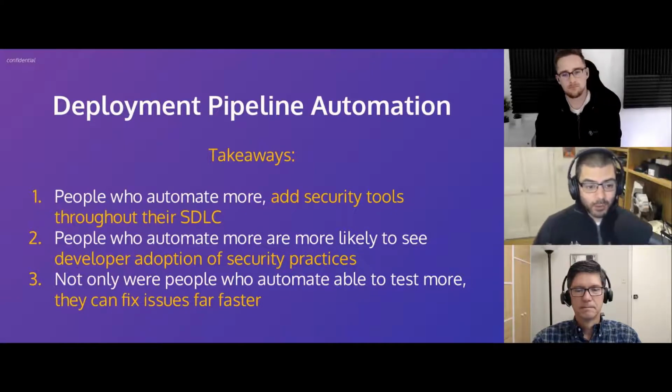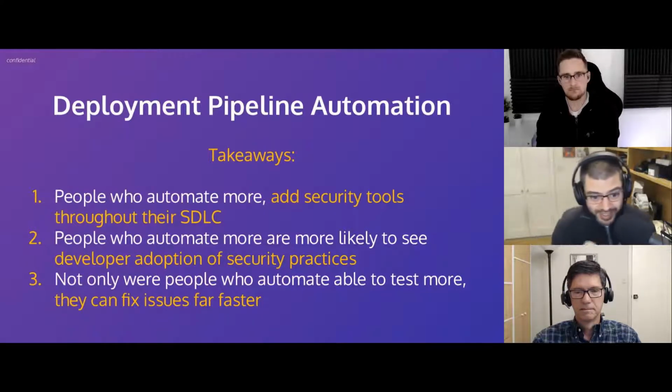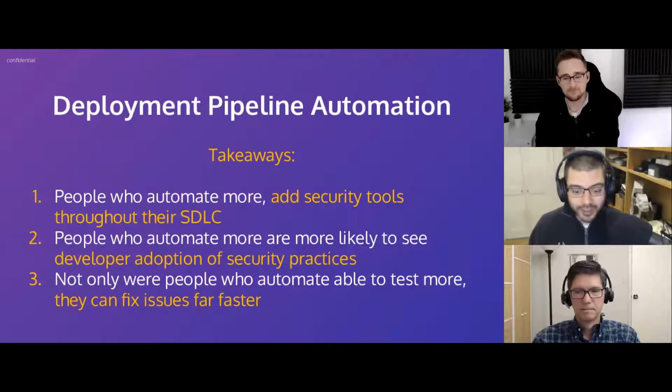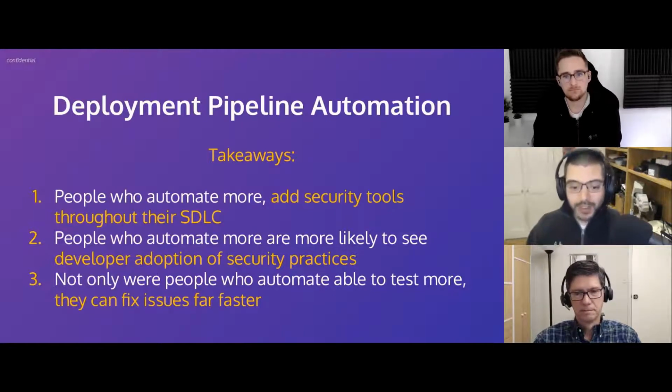So we can see here some really strong takeaways that people who are more automated had more security tools, more security processes throughout the SDLC, not even at just any one point. But more interestingly, this was actually earlier in the developer phase of that. And of course, the biggest takeaway that we wanted is not just the visibility, while that is super important, but fixing, actually actionably taking steps to mitigate these risks.